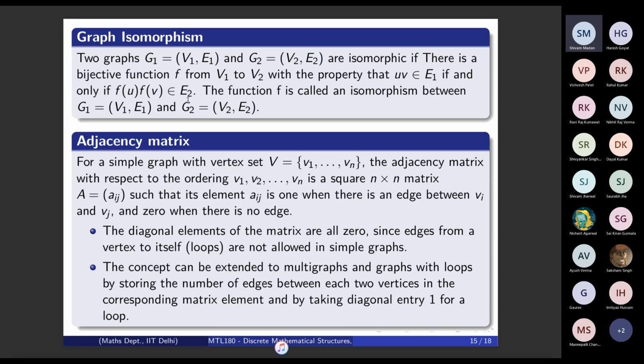Then f is called an isomorphism between G1 and G2. This is a trivial one. We will use that in the next lecture.